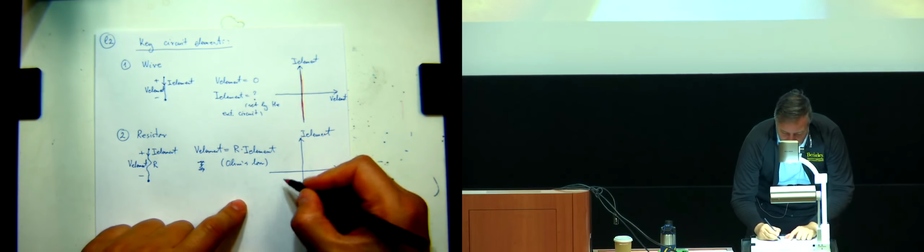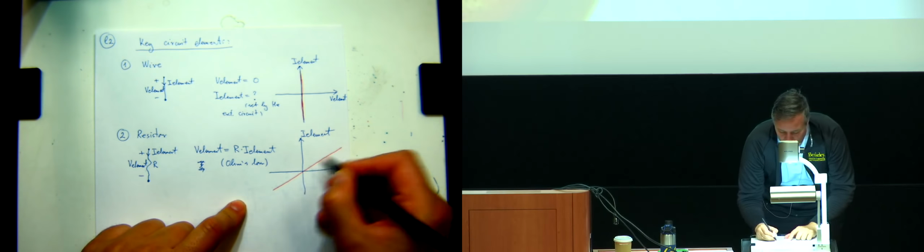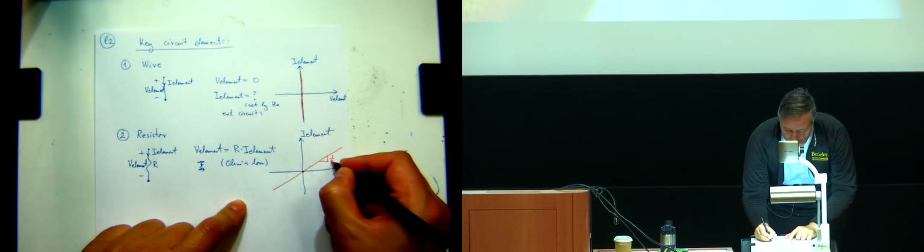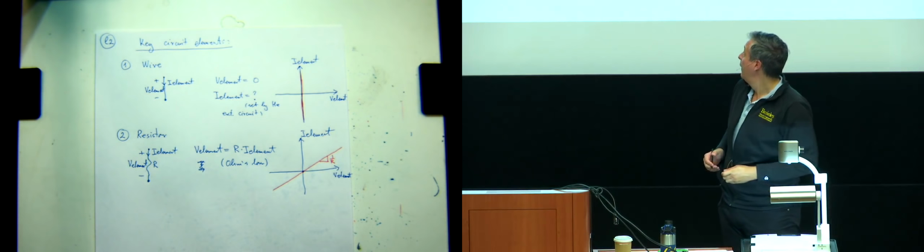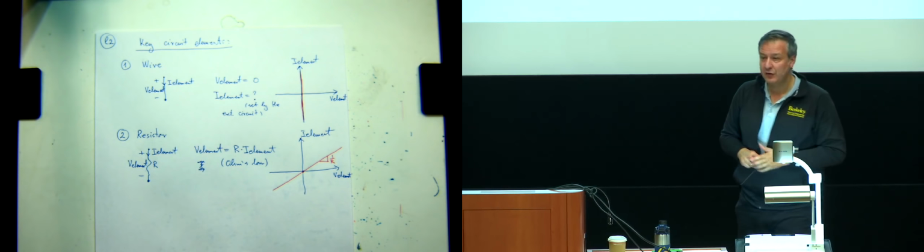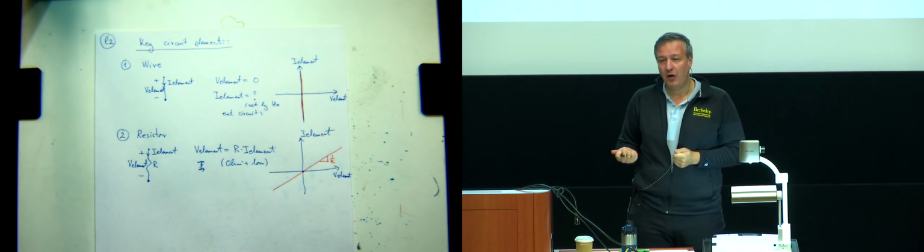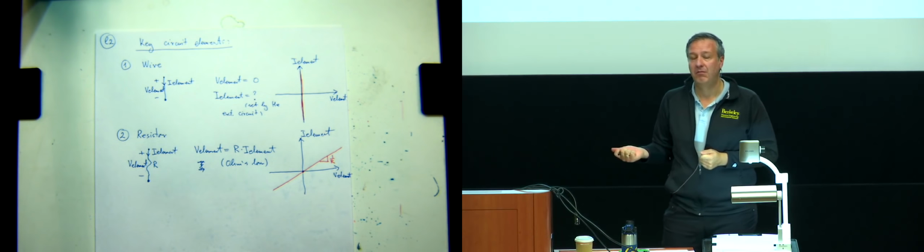Okay, great. So it is a line through the origin with a slope of 1 over R. Right? Now you can see something pretty interesting: what happens if that R goes to 0?